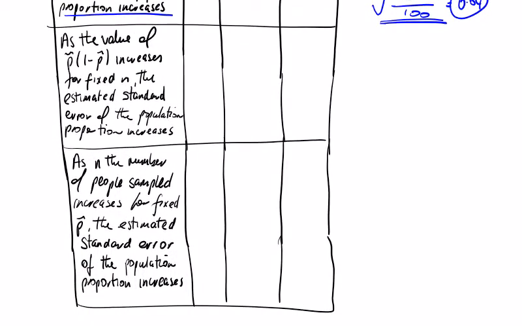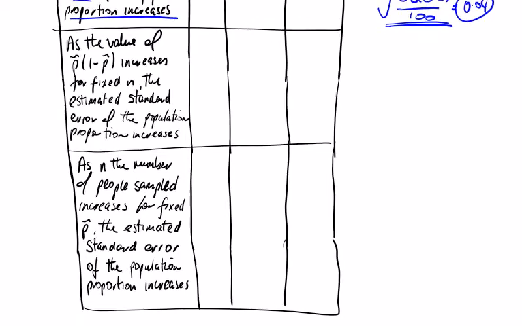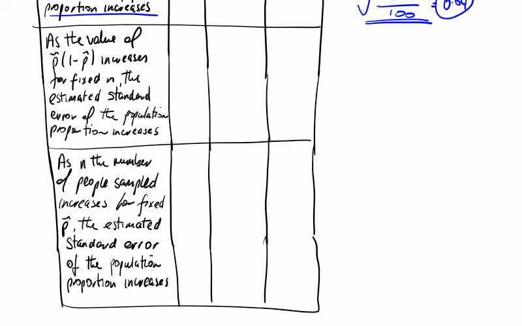Part 3 of this question: as the value of p-hat times 1 minus p-hat increases for fixed n, the estimated standard error increases. Well, let's have a look at a couple of calculations here. We should know at this point that the max value for this is 0.5 by 0.5, which is 0.25. Now if we take, say, 1% at the very beginning, by 0.99, that would give us 0.0099.